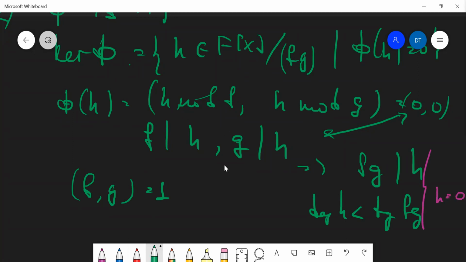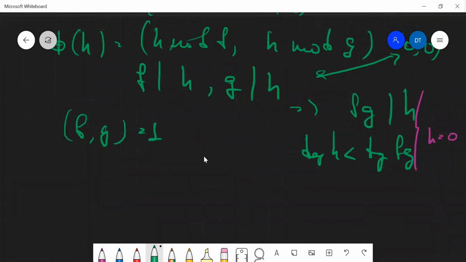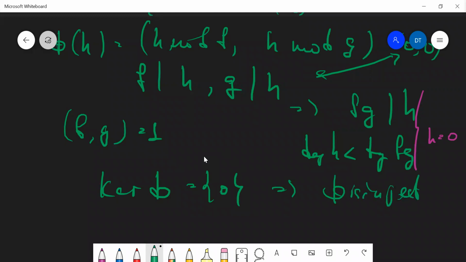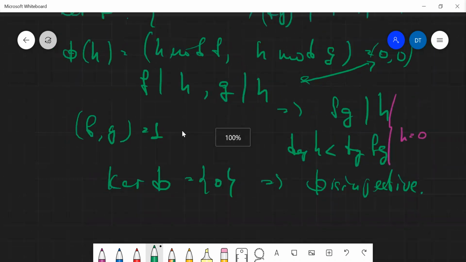That's why the kernel consists of the 0 polynomial only, and the map phi is injective. So that's how you check that a map is injective.